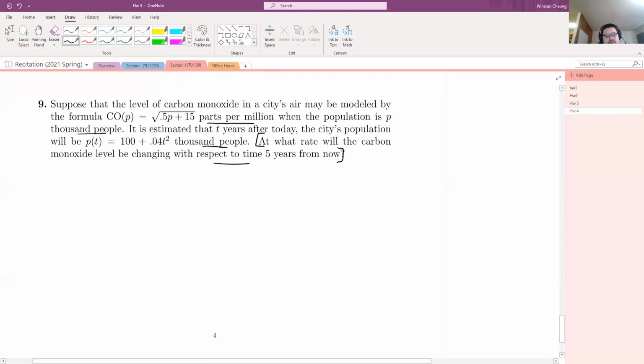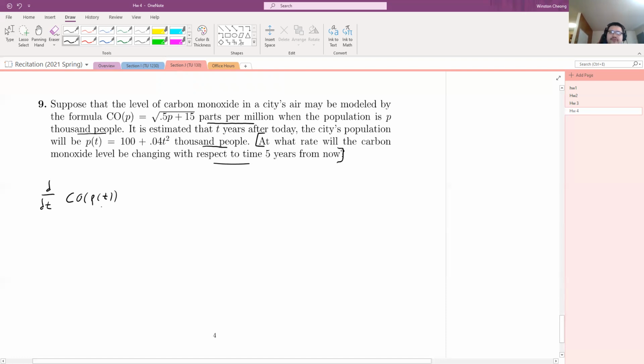So you really do need to think of this as carbon monoxide, and then you nest in the population function. Now this composite function is a function of time that you can actually think of taking the time derivative of. And then the last thing is you want to find it 5 years from now.